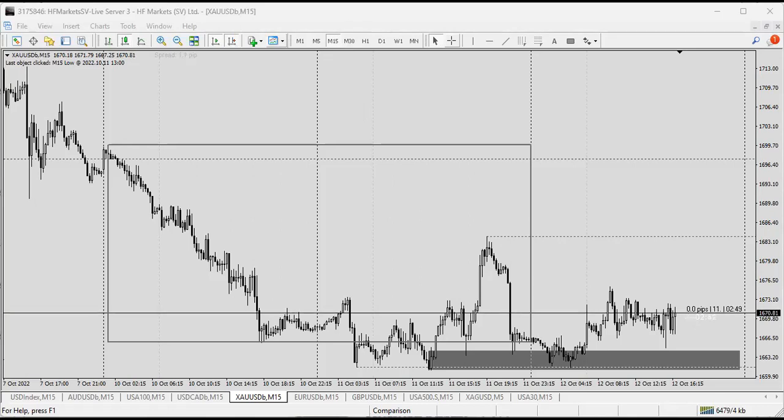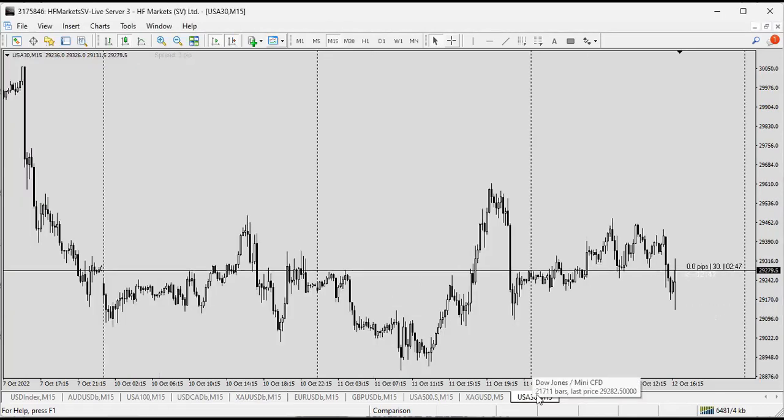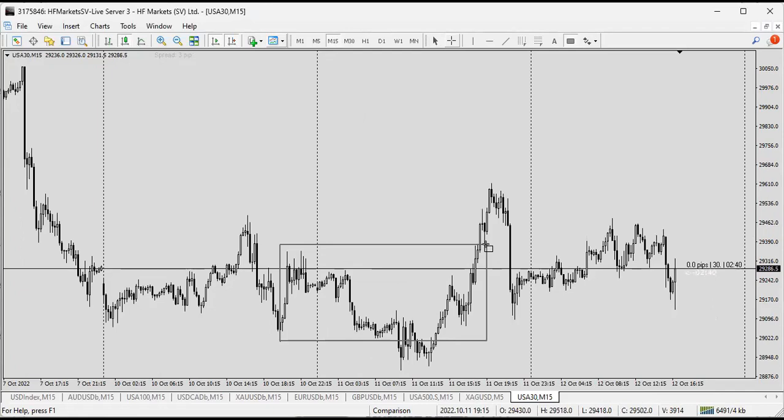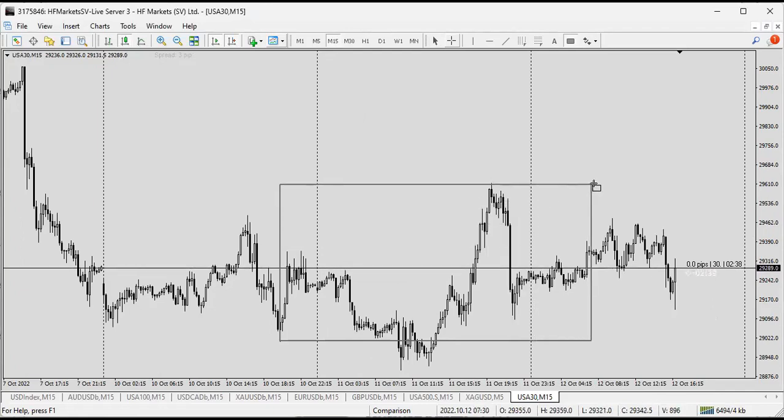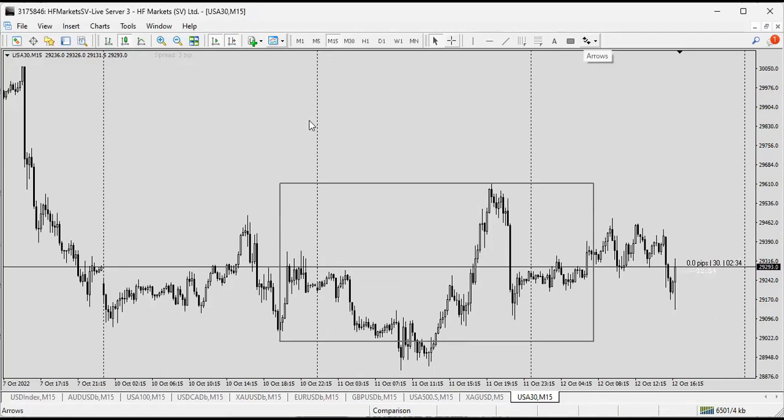US30. Previous day's low, butchered here. Bam.